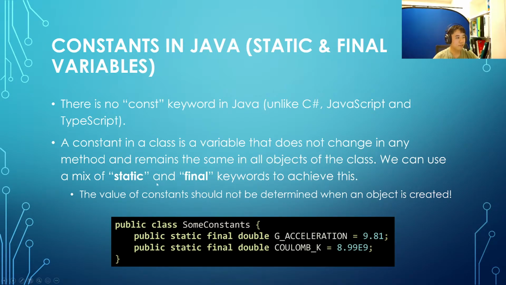So in order to actually make constants, what we can do is use static and final behind the variable that we want to make constant. If you have programmed in C# before, I'm sure you have seen the constant keyword, and you can access that through maybe the class itself.